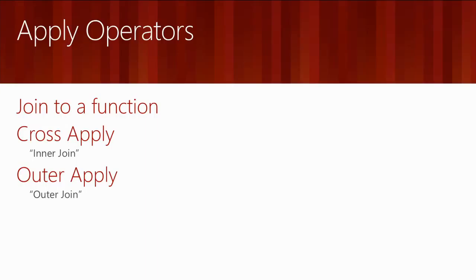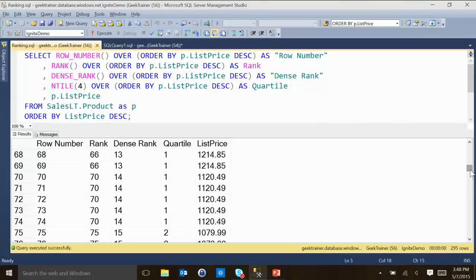If I want an inner join, so if I pass in the value and it doesn't give me anything back, I just don't want to display that row, I'm going to use cross apply. Honestly, the only way I ever remember this is that outer apply does what it says it does, and cross apply doesn't. Okay. It looks a little bit like this.